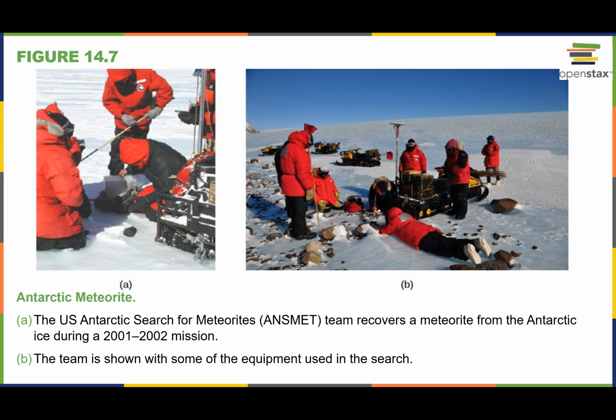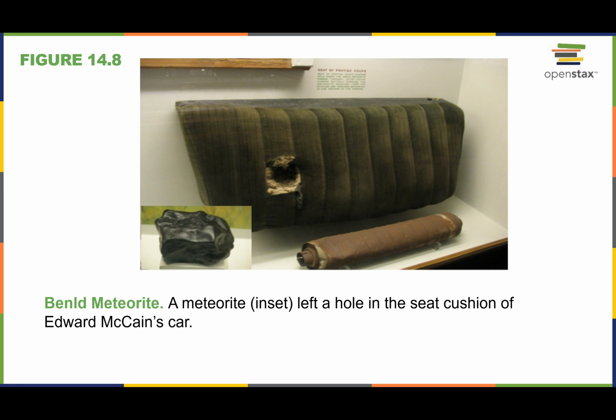Earth picks up so many tons a day of material falling through its atmosphere from space. Isn't that kind of creepy? Yeah. This is showing you this rock or meteorite fell through that car. Yep.